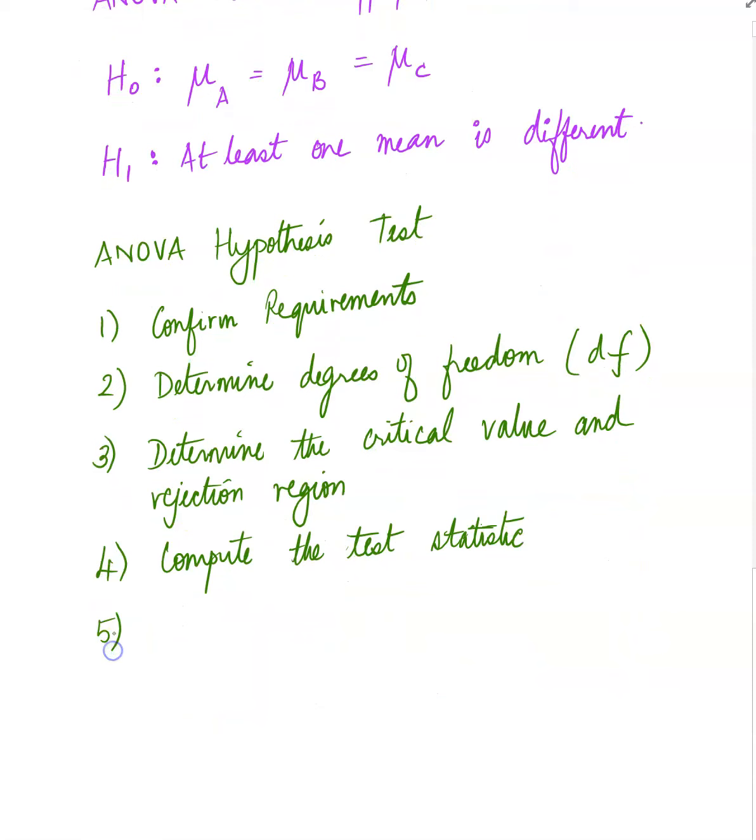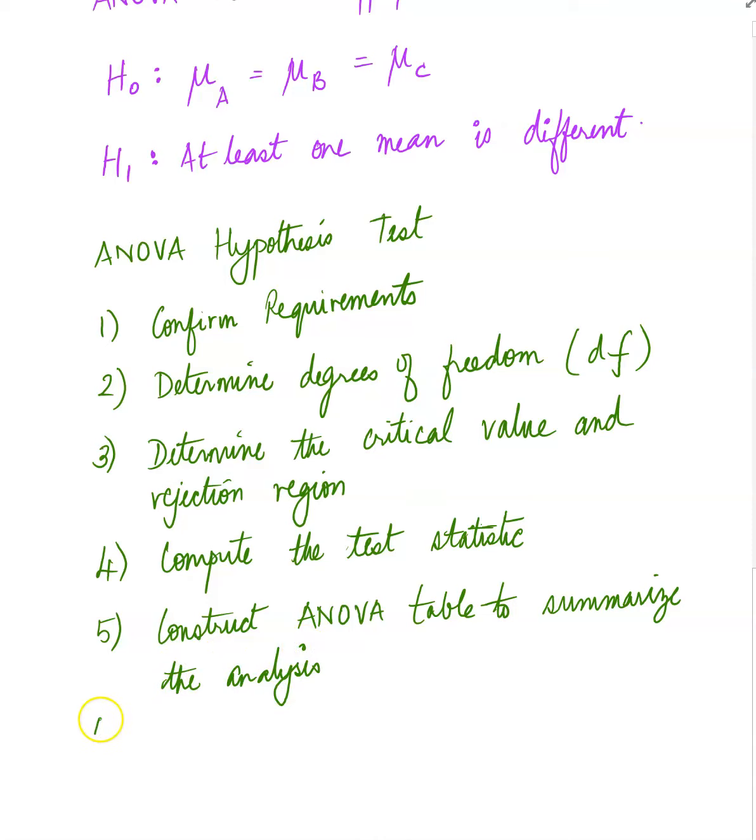Step 5, construct the ANOVA table to summarize the analysis. Step 6 is to make the decision for the test and interpret the results. So out of these, we will be looking at the first 2 steps.